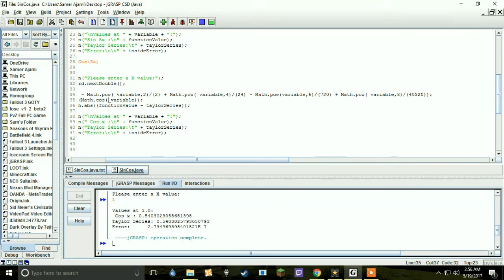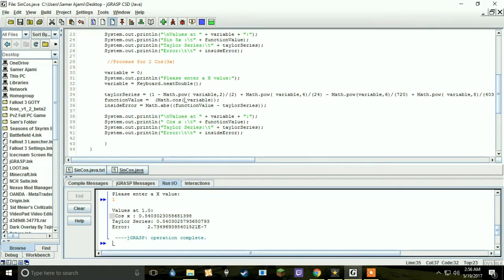Cosine. Cosine x at 1 is 0.54. The Taylor series at 1 is 0.54. The error is so small we can't even represent it as a number without scientific notation. That's how close we are. There you go. That's how the program works. It even says cosine now. The first time it said 2 cosine 3x. Done.